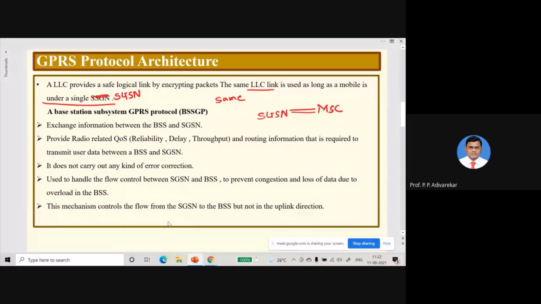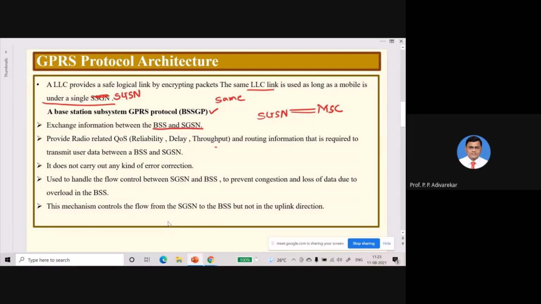It is SGSN. The next is BSSGP, that is the Base Station System GPRS Protocol. This protocol is used for communication between SGSN and BSS.